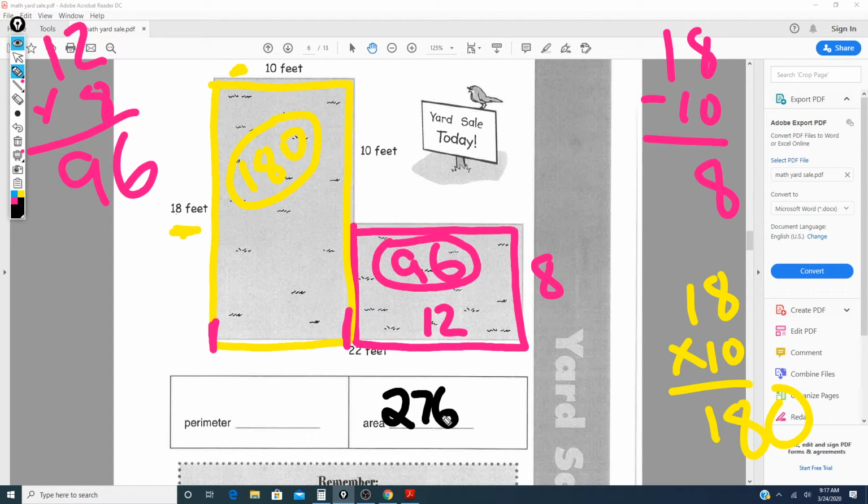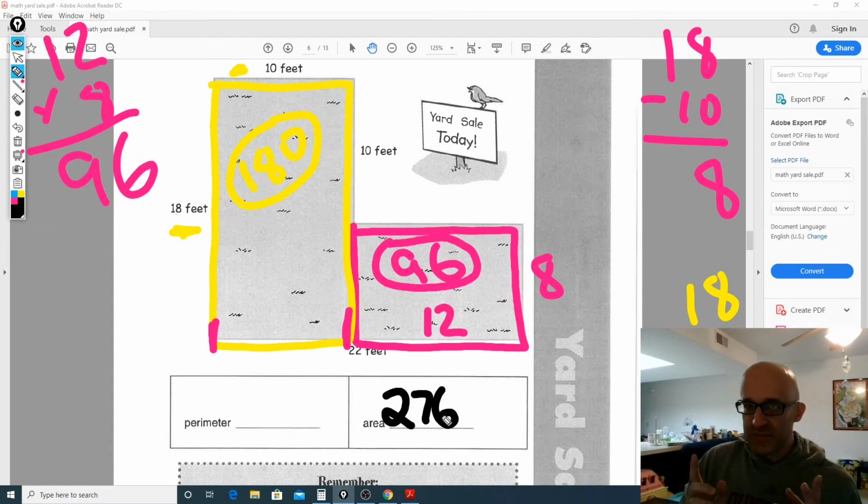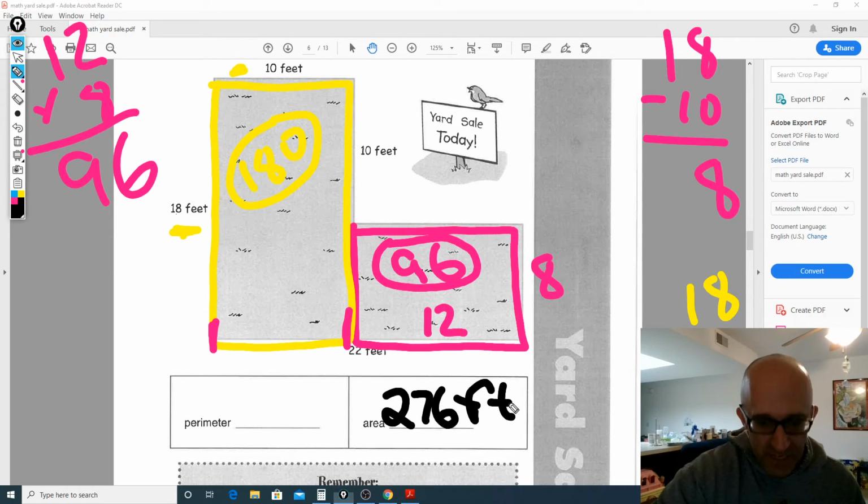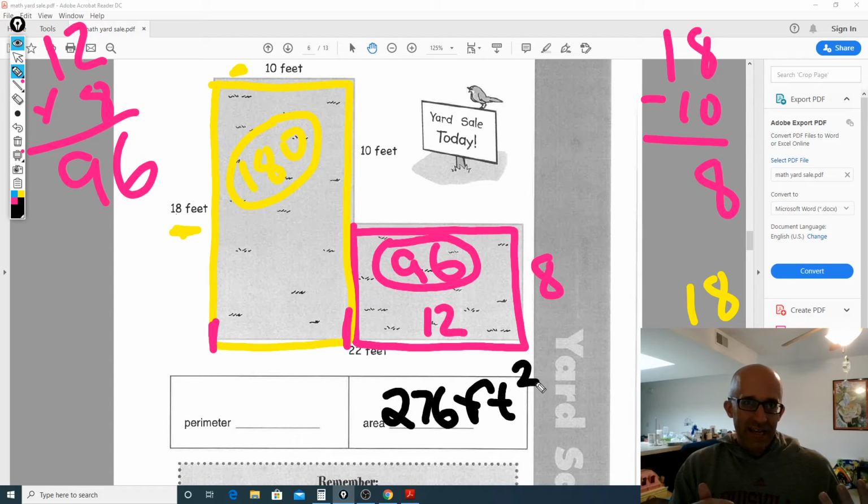So the question is, 276 what? Those of you who were with me, I was trying to hammer home that point: it's not just 276 feet, it's 276 square feet. In my middle school journey, I remember one of my math teachers always saying, it's 276 what?